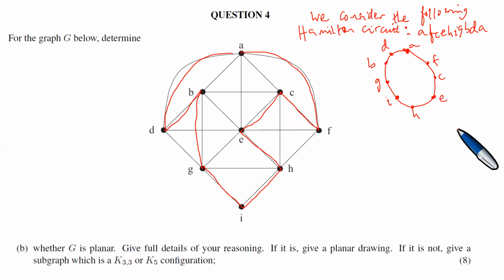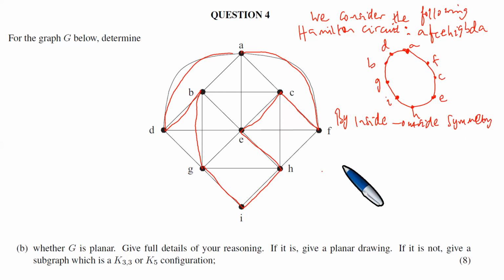So now by inside outside symmetry, we choose the edge BC to be drawn inside.